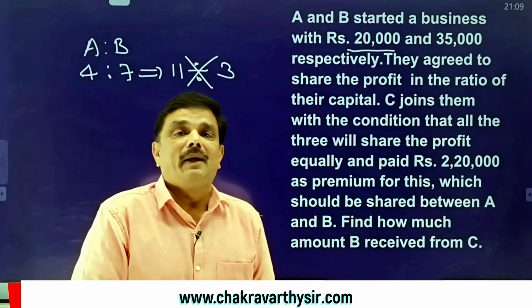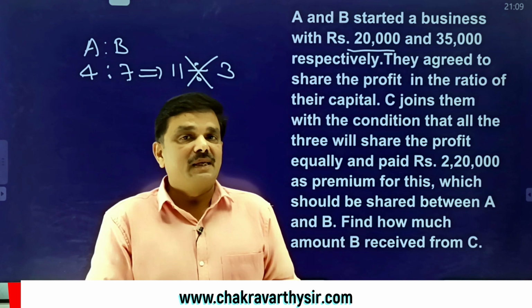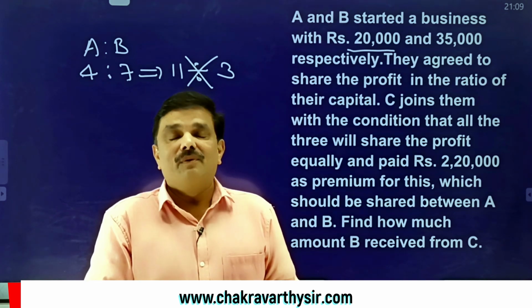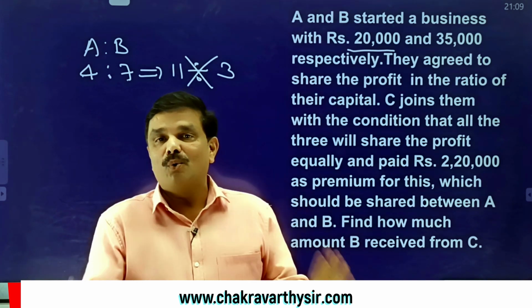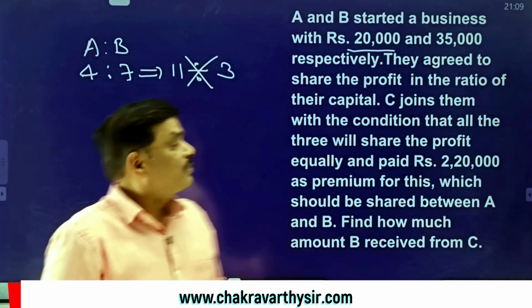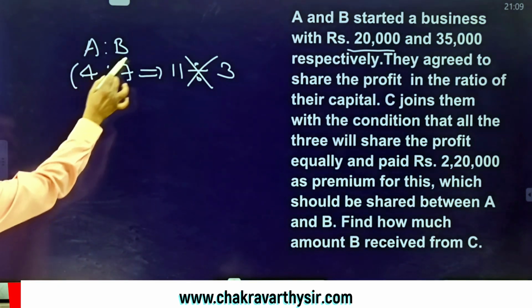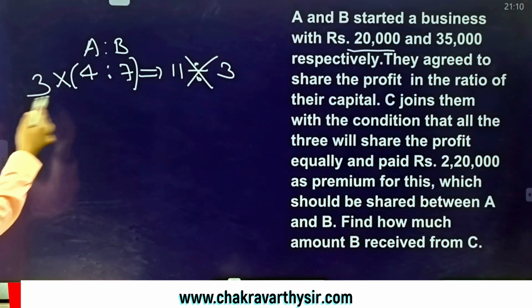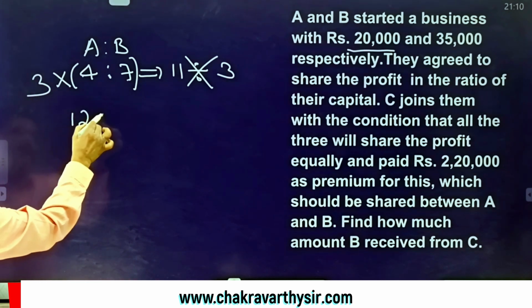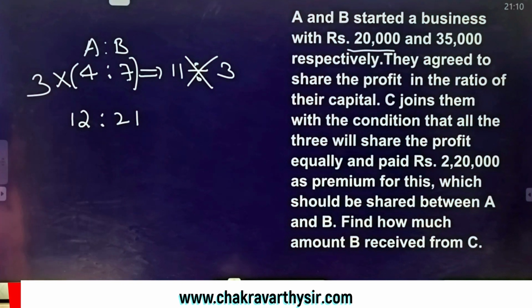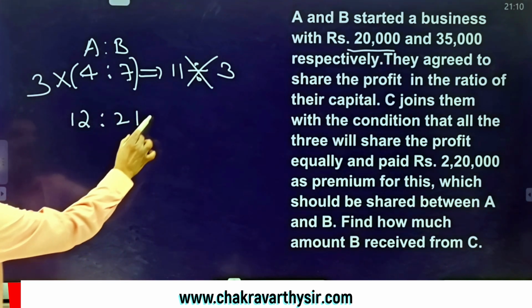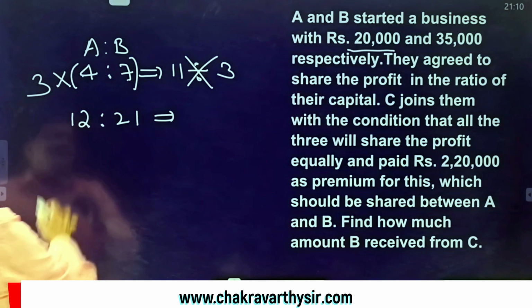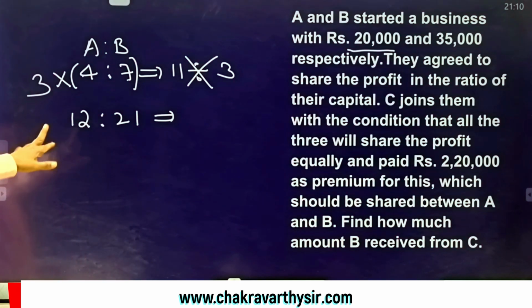If you multiply two terms of the same ratio with the same number, the value of the ratio is not going to change. Now simply 4:7 must be multiplied by 3. So 4 threes are 12, 7 threes are 21, isn't it?